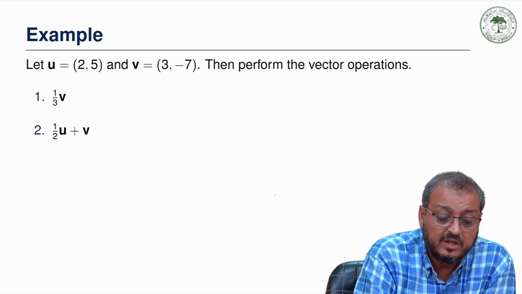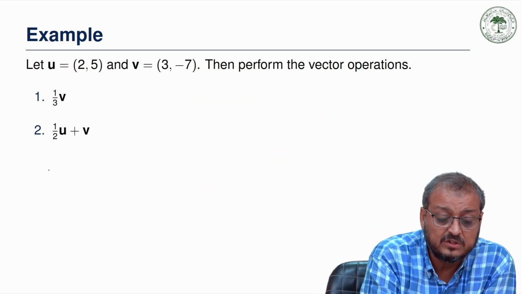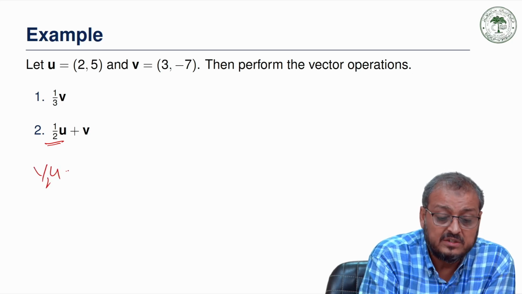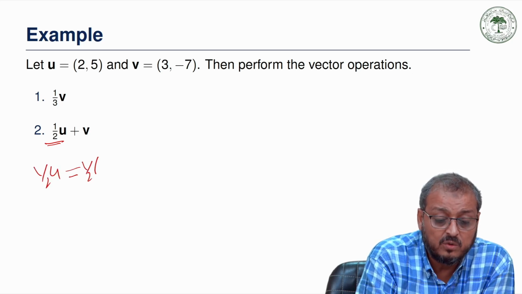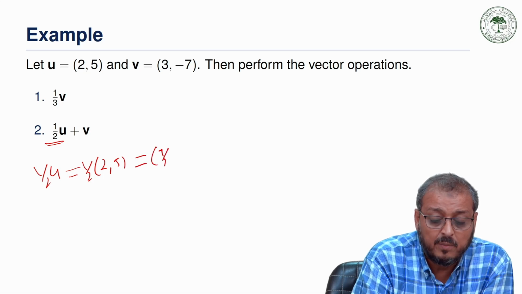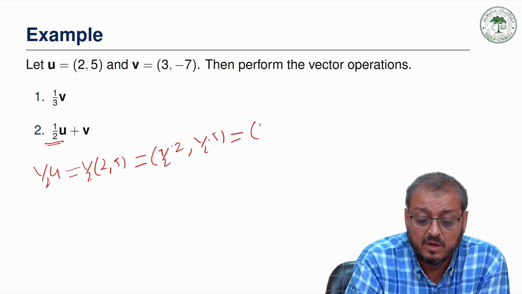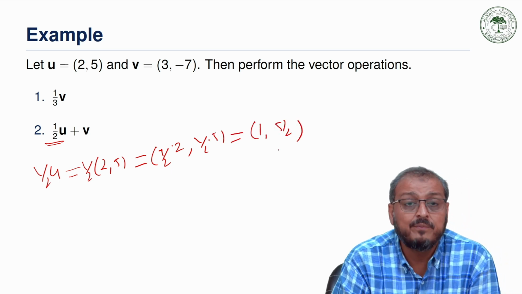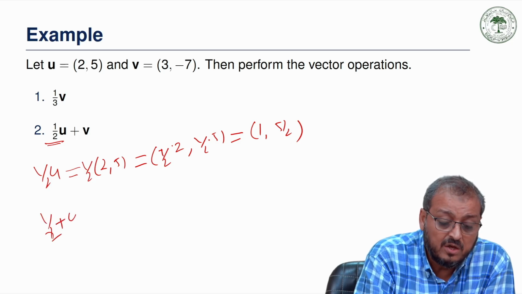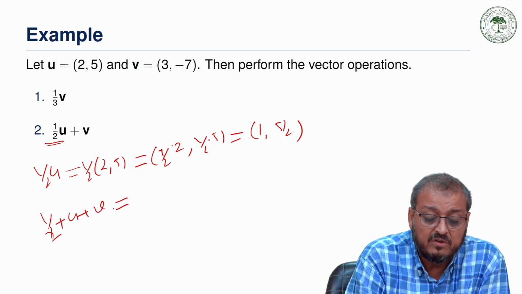Similarly, if we calculate in this form, first we calculate this operation 1 by 2 u. And this 1 by 2 u is equal to 1 by 2 (2, 5), that is equal to 1 by 2 into 2, and then 1 by 2 into 5, this is equal to (1, 5 by 2). Then we add this with v.